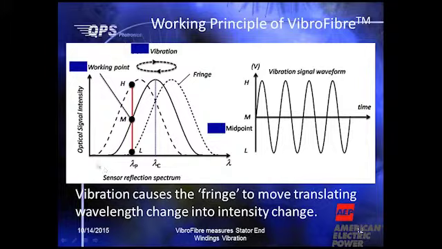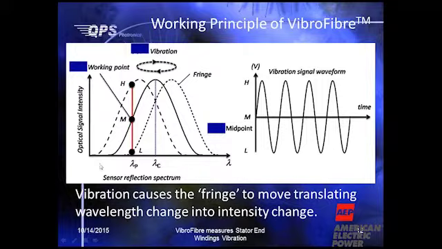By the way, Vibra fiber is not a standalone sensor. What it is, is a laser control solution. So we use the DFB laser to launch the light into the cavity, and then the laser is under temperature as well as laser current control, which we call PID.